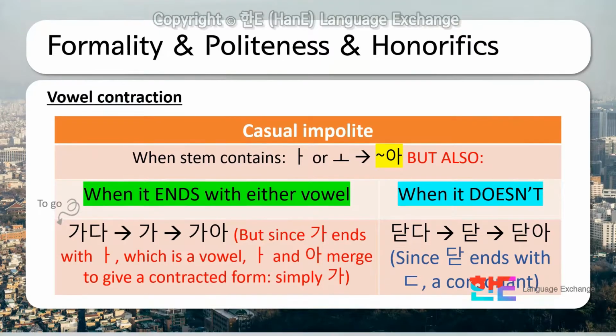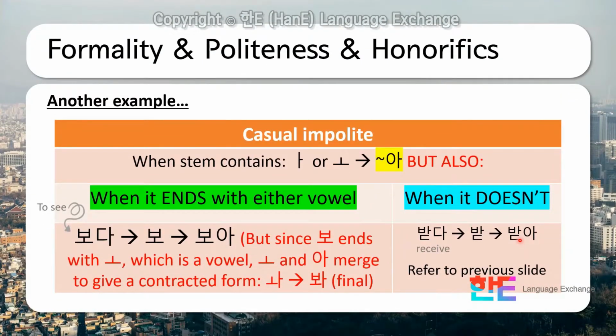Make sense? Any questions so far? Okay, so I'm gonna continue with this case. When it contains one of these two vowels, but it ends with either vowel, here's another example. 보다, to see. Again, it contains the latter, this O vowel, but it also ends in that same vowel.